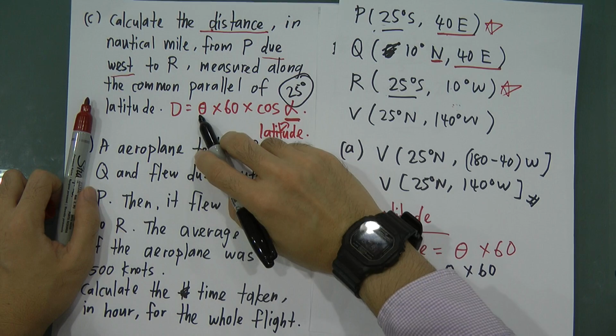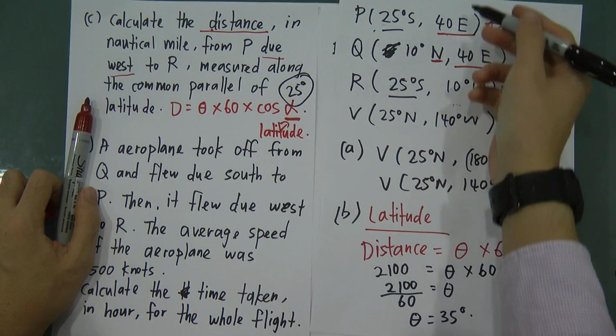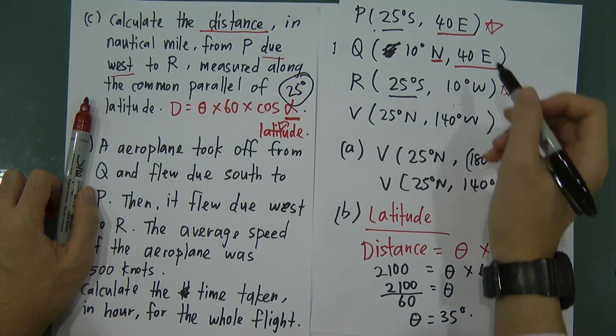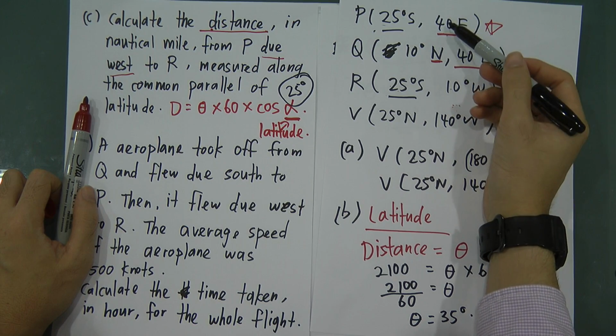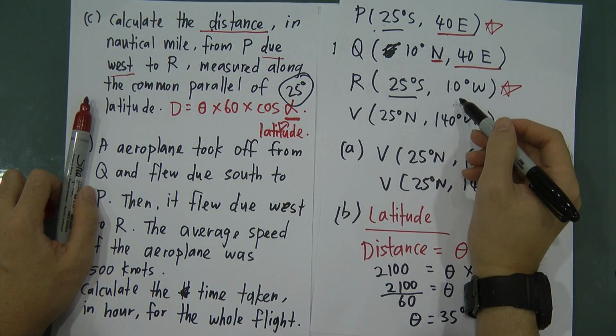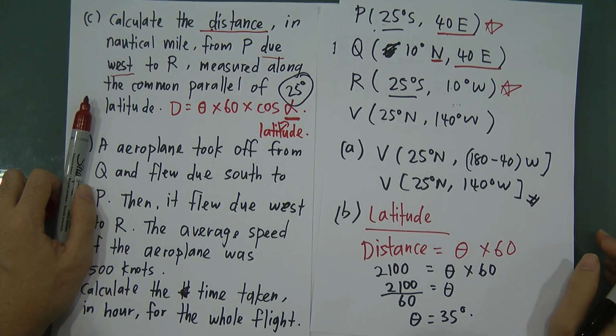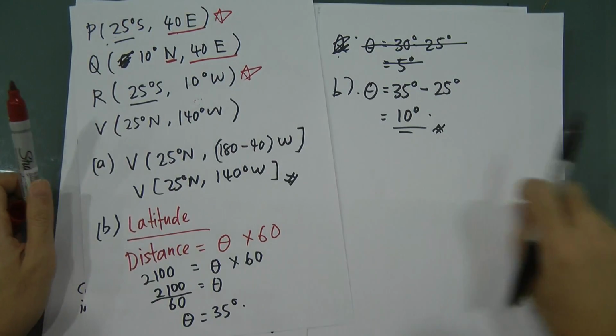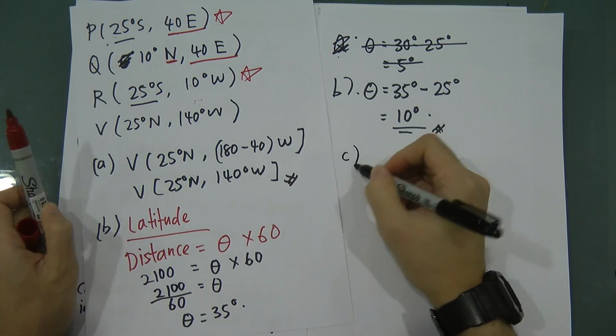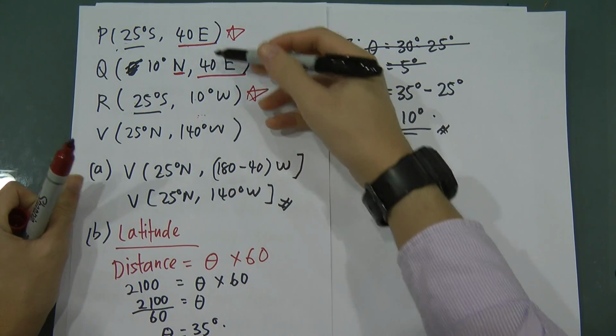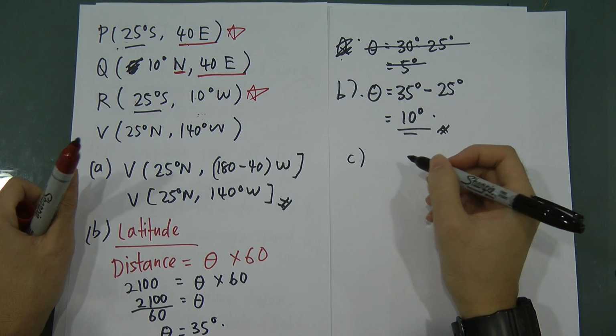Then this angle over here means the angle between them. From 40 E moving to 10 W, how many degrees are in between? Normally how I teach my students is, as long as you see one is east and one is west, you just add them together.